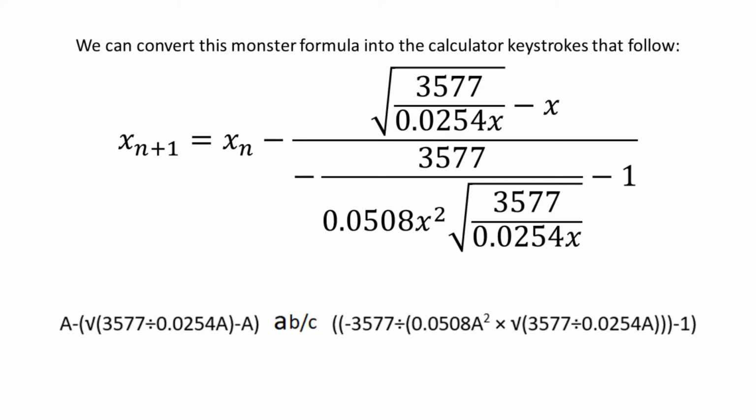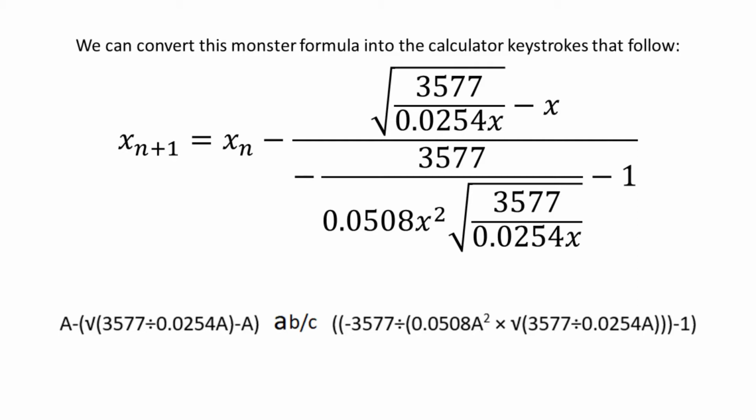So A minus, and then parentheses, square root, parentheses, 3577 divided by 0.0254 A, parentheses, minus A, parentheses. And some calculators have a little A b/c function. Go ahead and hit that button, and sometimes it puts a little reverse L underneath. Or you can just hit the division sign.